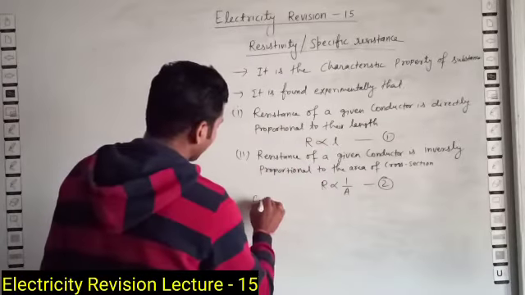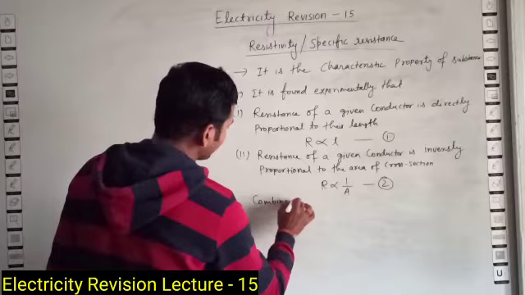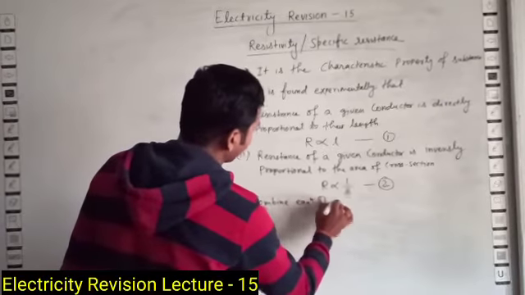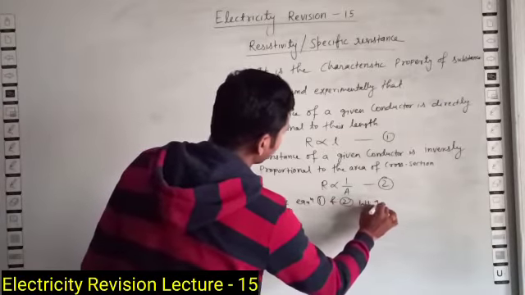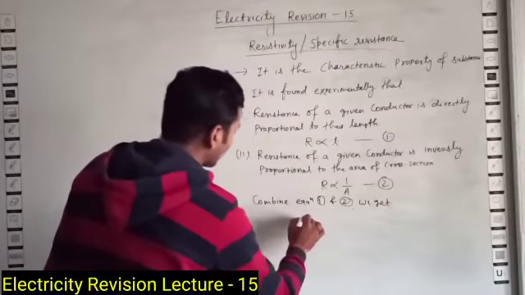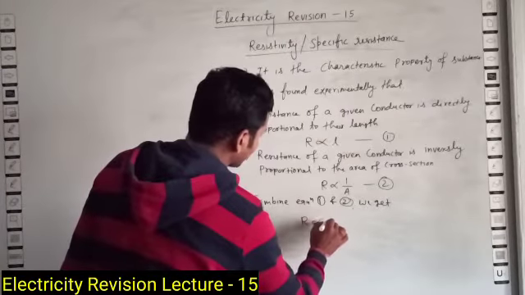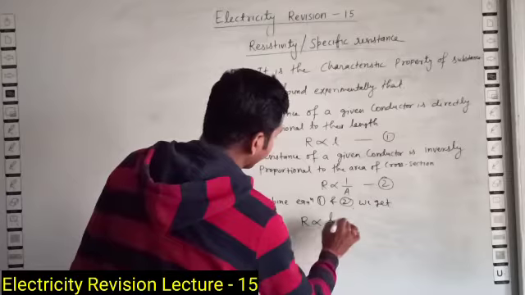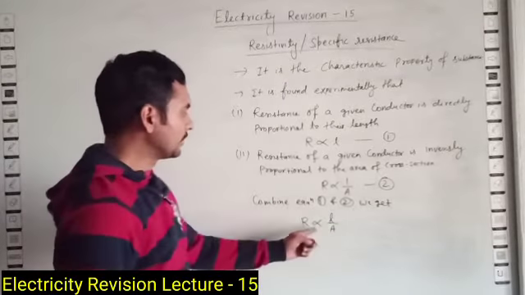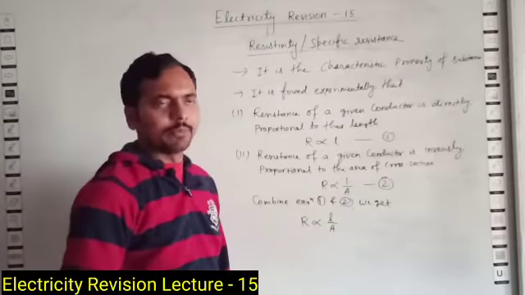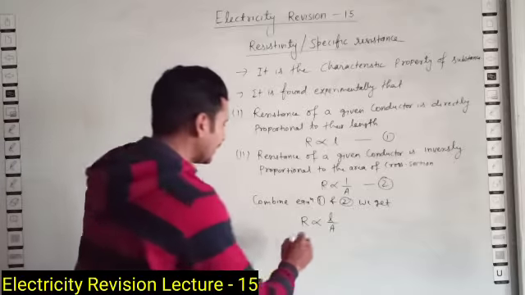When we combine equations 1 and 2, we get R proportional to L upon A. If I remove the proportionality sign, we put a constant here.